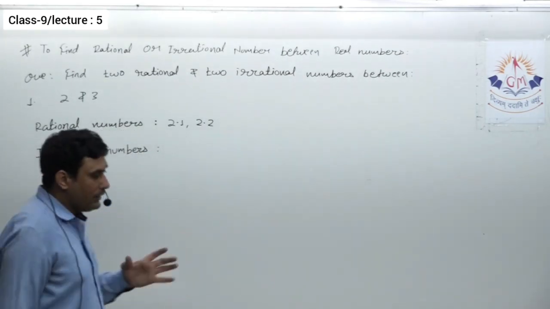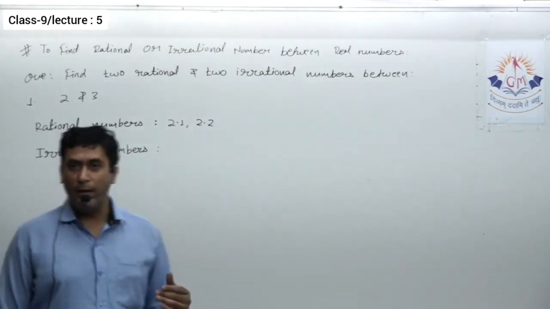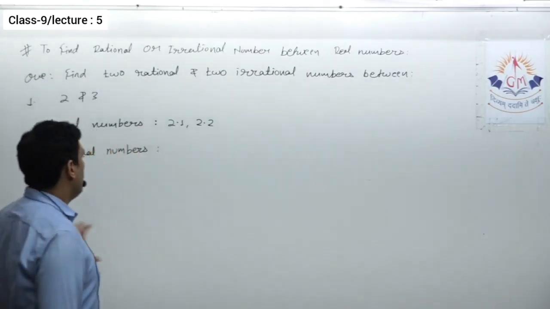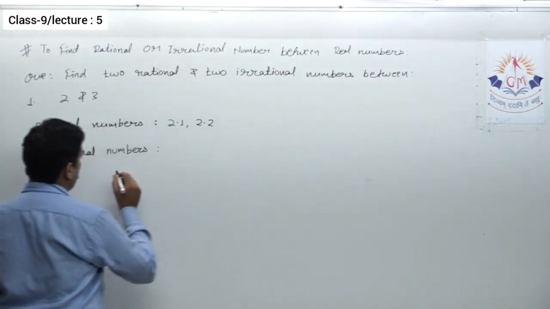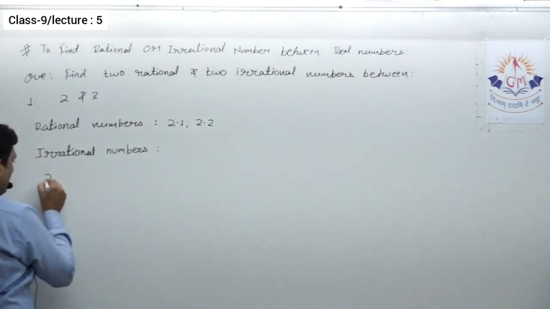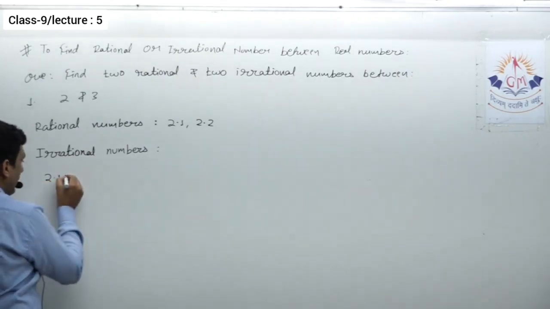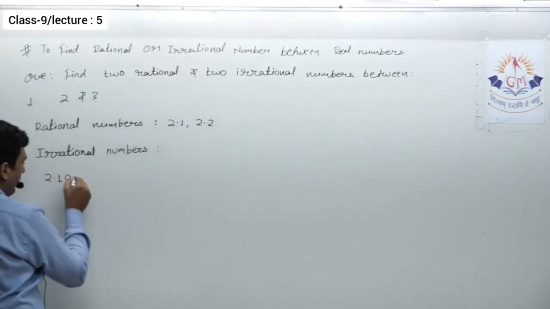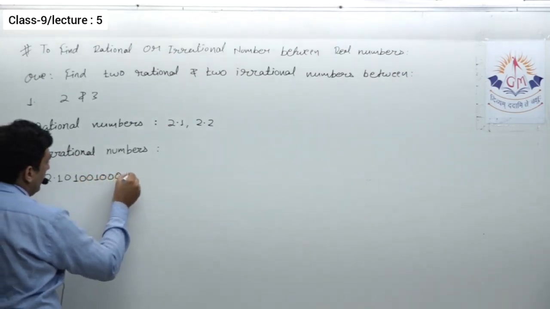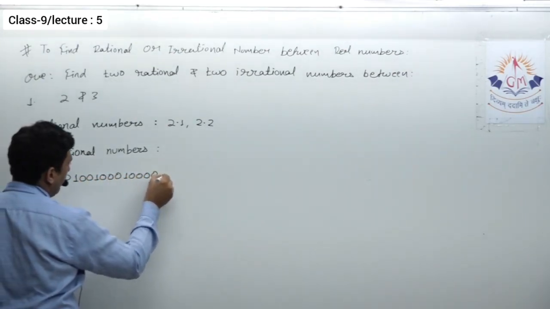By focusing on this concept, it is possible to write infinite irrational numbers between two given numbers. So here I am going to write two irrational numbers. So the first irrational number, see, it should be after 2. So I can start with 2.1 only. Now here I can write any pattern: 2.10100100010000, and so on.